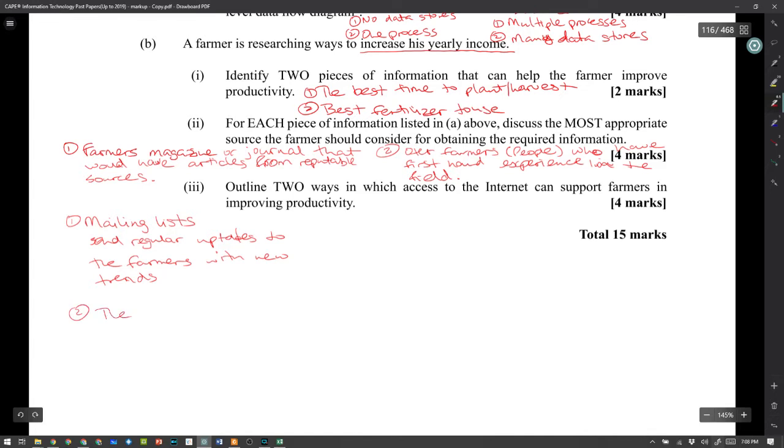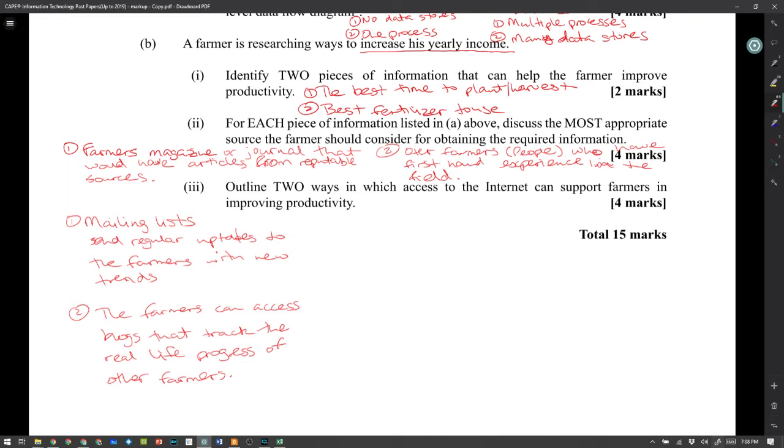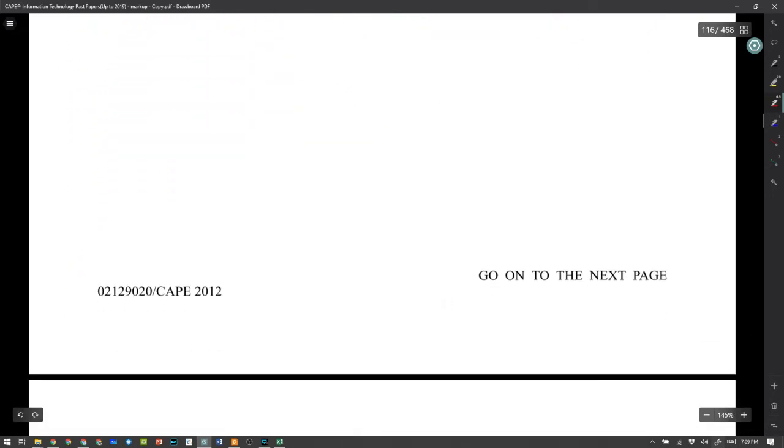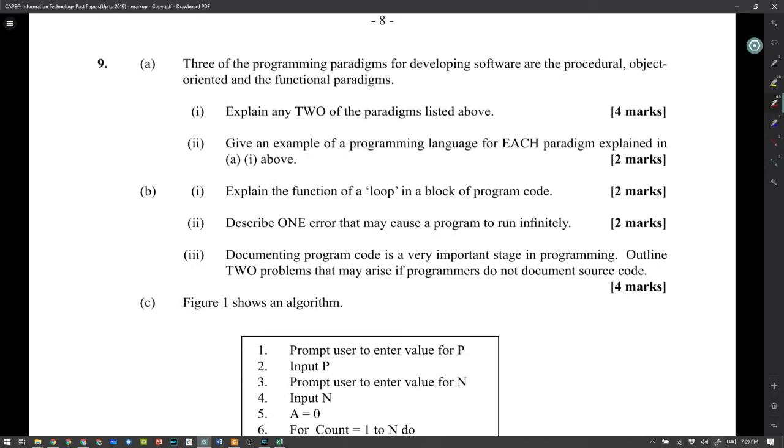Farmers can access blogs that track the real life progress of other farmers. We'll go with that. There are many others, you have plenty of options when asked to outline 2 ways.